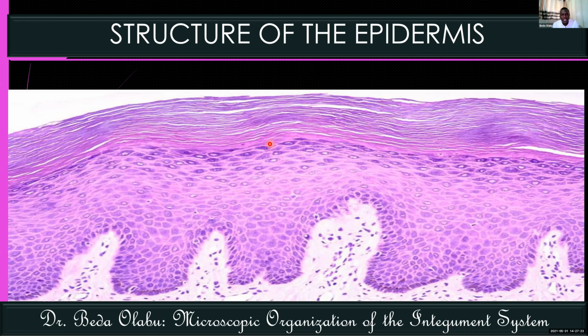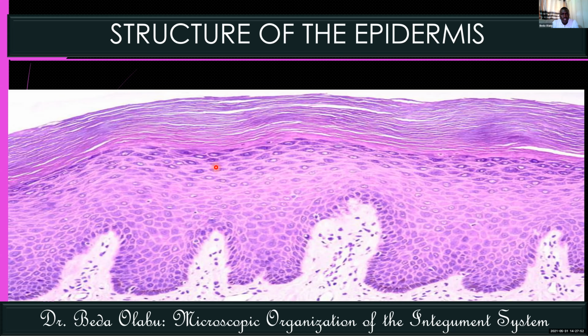The first is how many cell layers we see. Here we see many cell layers, so we call it stratified as opposed to simple. The second is the shape of the cells near the surface. The cells here appear flattened, so we use the term squamous as opposed to cuboidal or columnar. So this is stratified squamous epithelium.